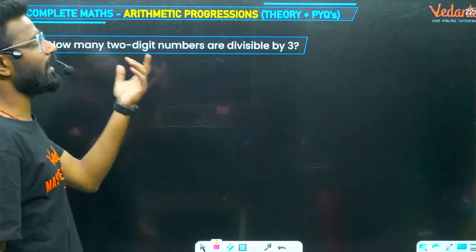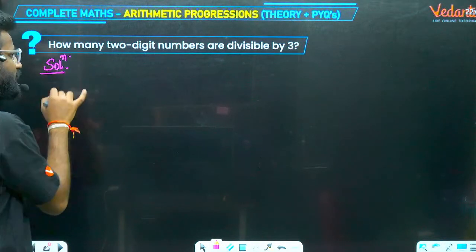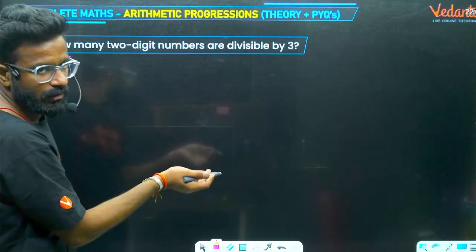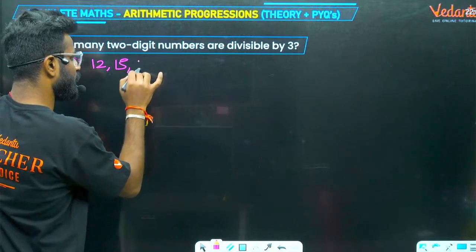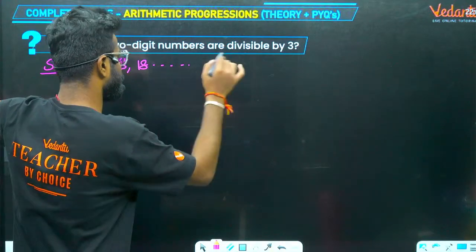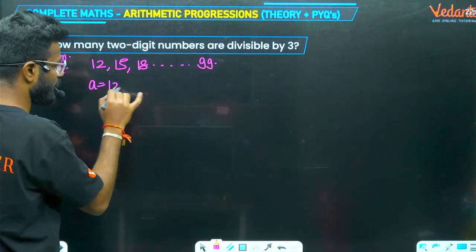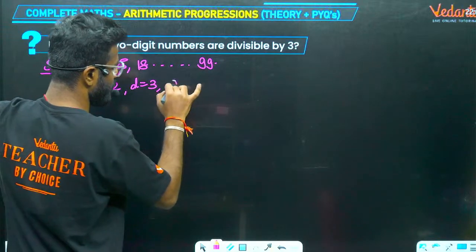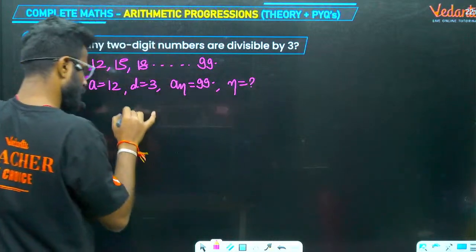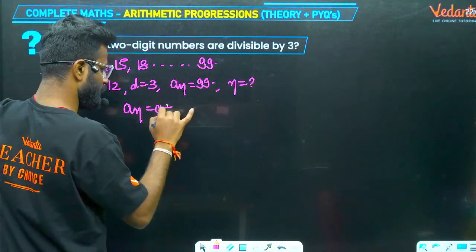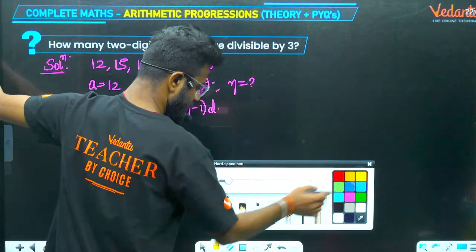How many two-digit numbers are divisible by 3? Two-digit numbers that are divisible by 3 start from 12, 15, 18 and end with 99. Simple. A is 12. Common difference is 3. And the last term is 99. You have to find n. Using the formula an is equal to a plus n minus 1 into d, we can simply get the value of n.